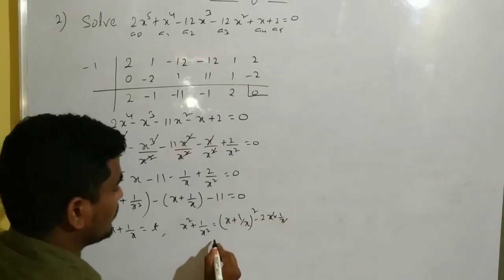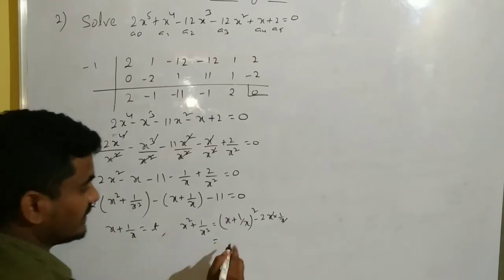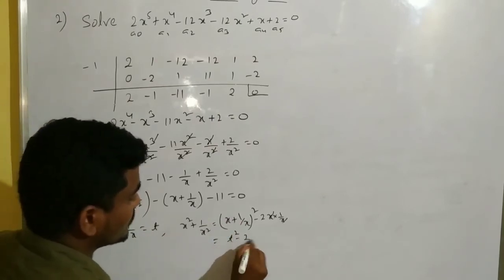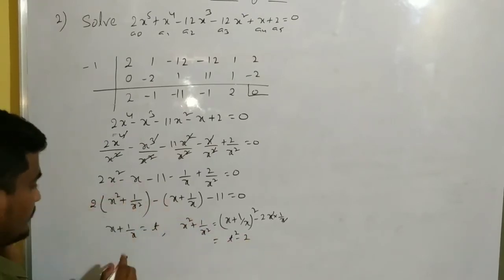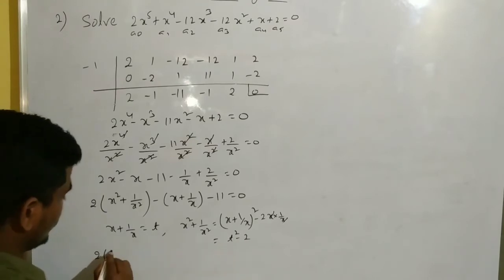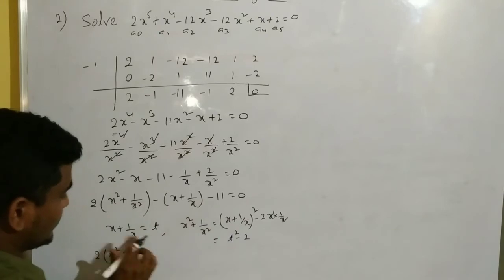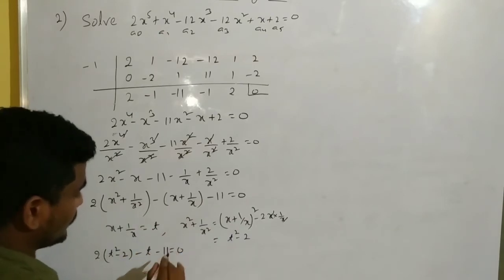x gets cancelled. Finally x plus 1 by x is t, so t square minus 2 we will get. This value I am going to substitute here: 2 of t square minus 2, minus this value t, minus 11 equals 0.